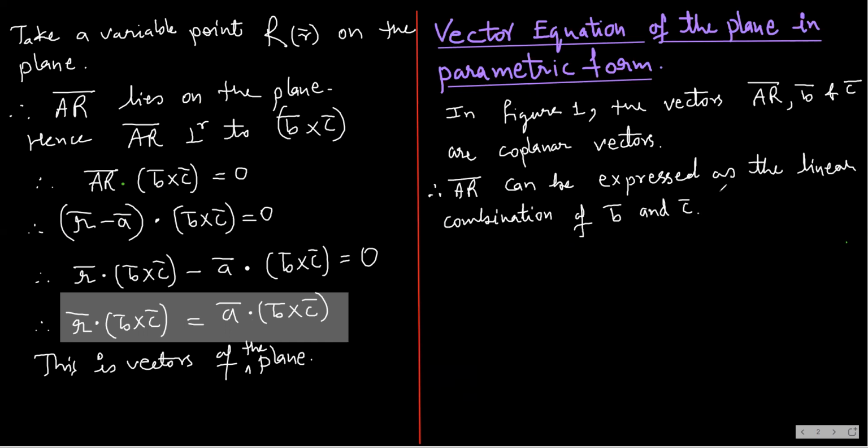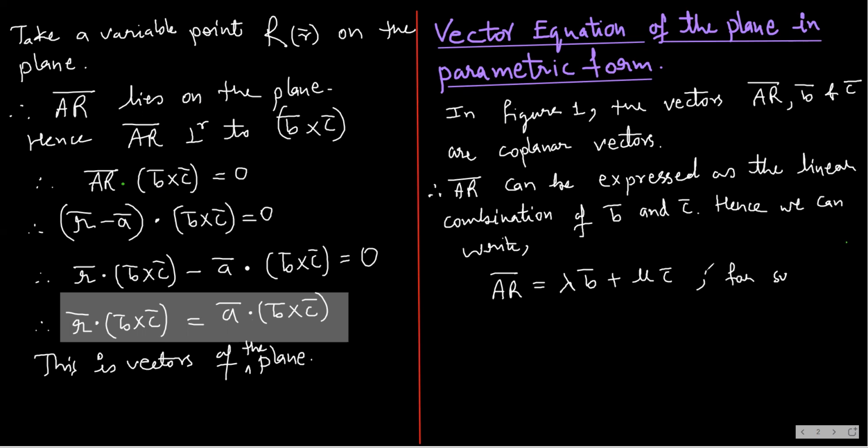Hence, we can write AR bar equals lambda B bar plus mu C bar, where lambda and mu are real numbers, some scalars.